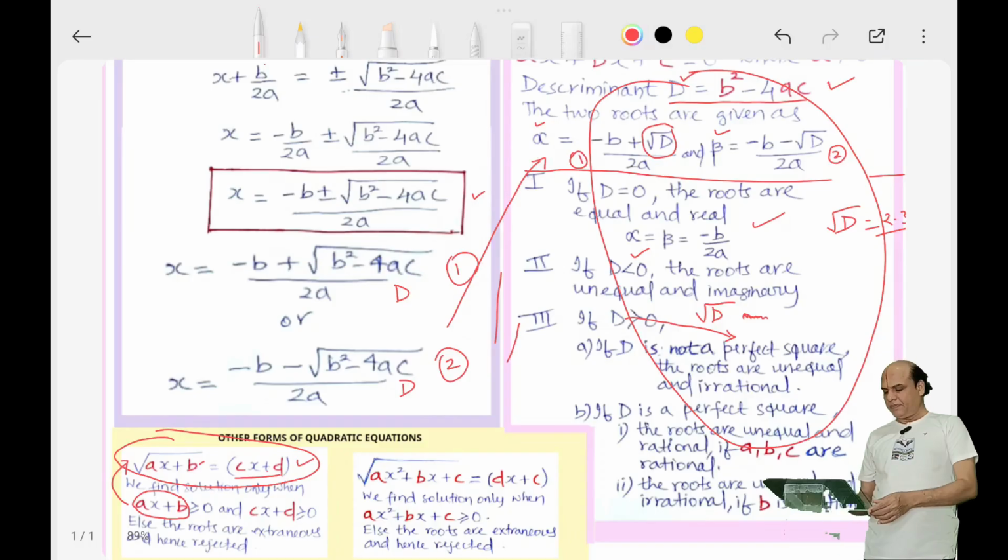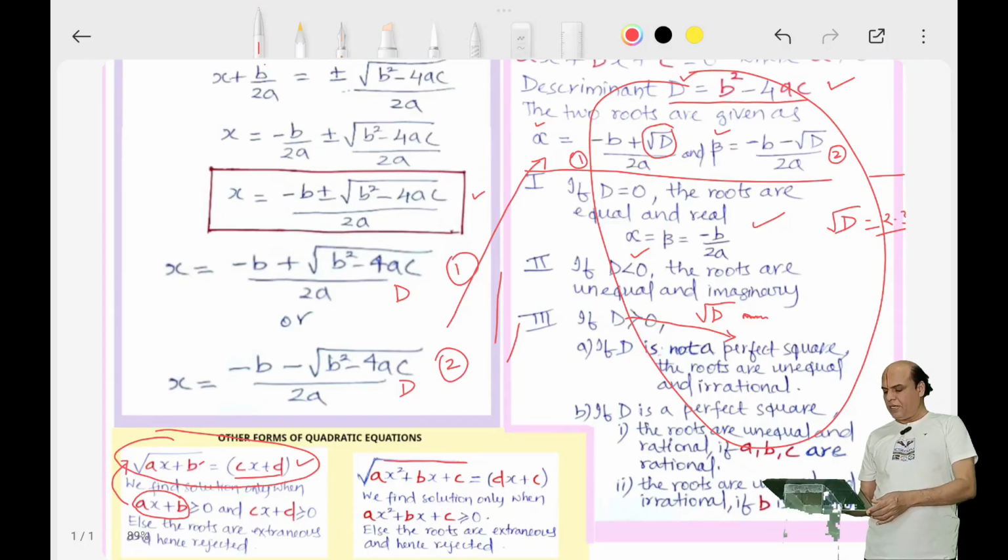In the same way, another form of equation is the square root of ax square plus bx plus c equals dx plus e. Here also, the quantity under the root should be greater than or equal to 0. It cannot be a negative quantity.